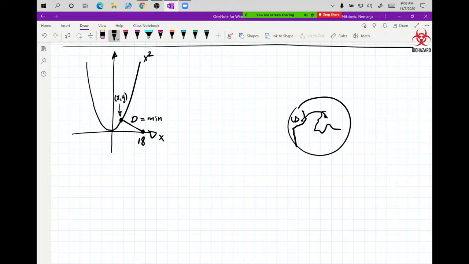That's the shortest distance on the surface of the planet, because the planet is a sphere. And the shortest distances on the sphere are not straight lines. A straight line will take longer to go. If you just go straight across, it would take longer to get there, and you would obviously use more fuel and more time and more everything.